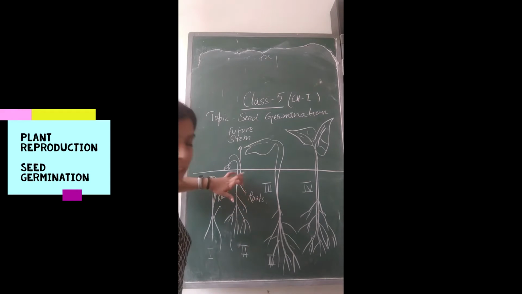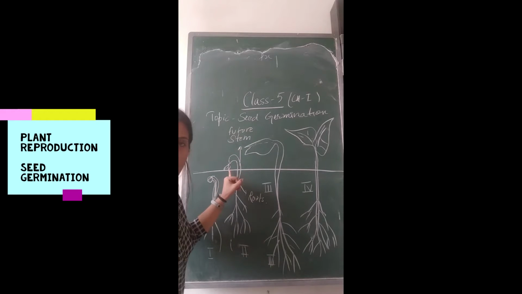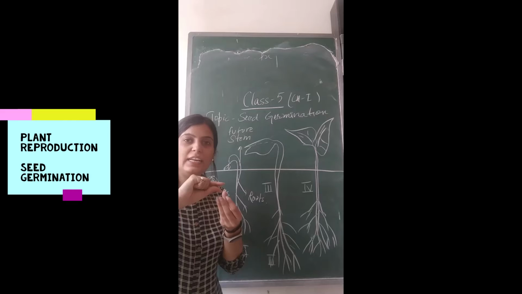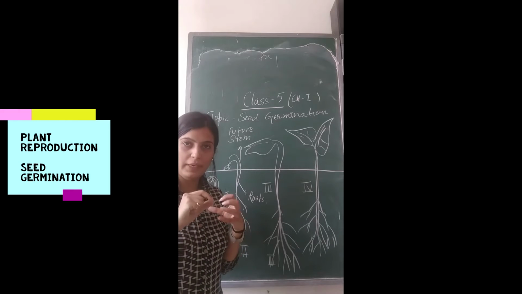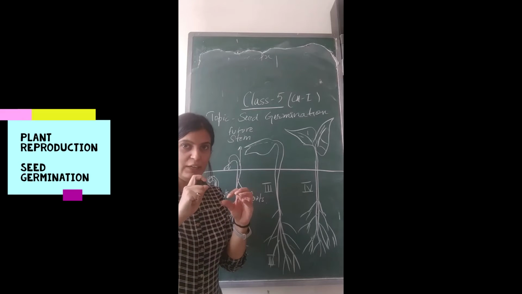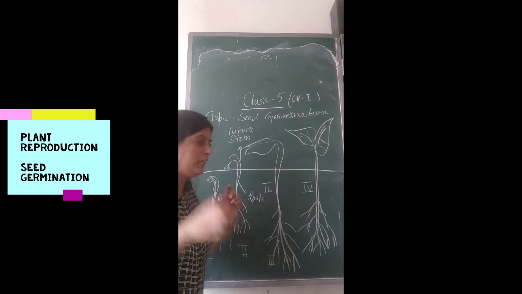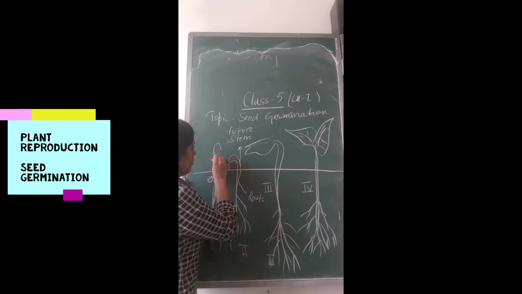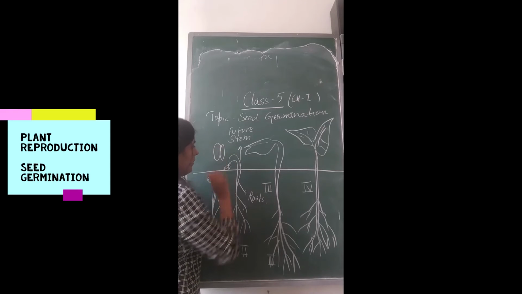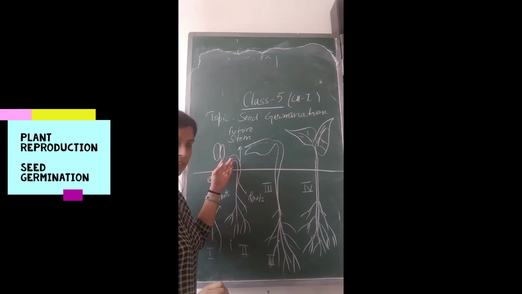In the stem, the plant starts growing and some tiny leaves come out from it. These tiny leaves are not yet open, but you can see some green structures present, like this.